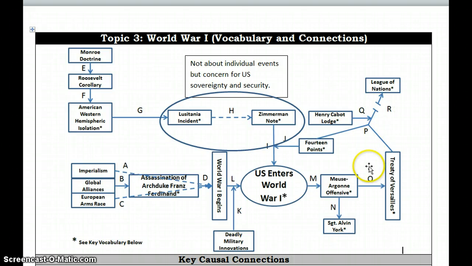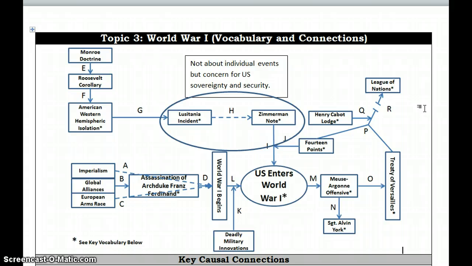The other major concern from the Treaty of Versailles is the potential that the United States will have to take on some of the economic burden of World War I because of the social, political, and economic devastation that the war has wreaked on most of Western Europe.